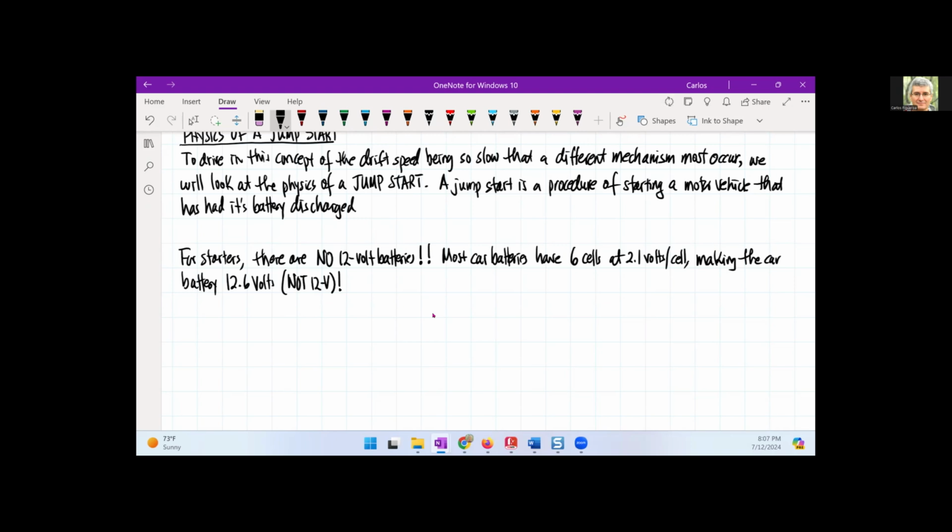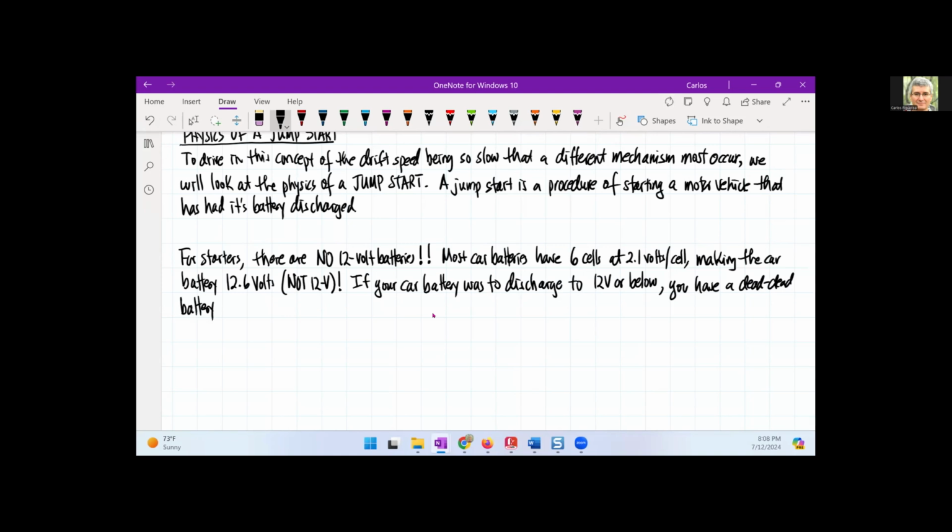So for example, if your car battery was to discharge to 12 volts or below, man, your battery's toast. You have a dead battery.